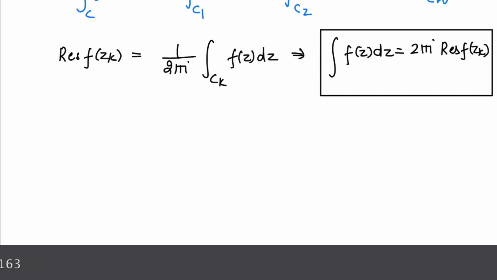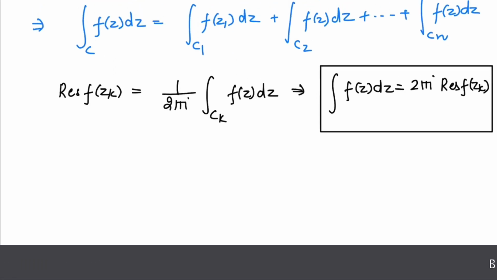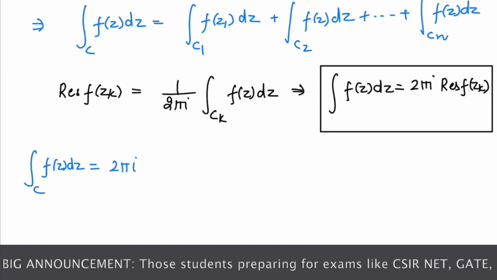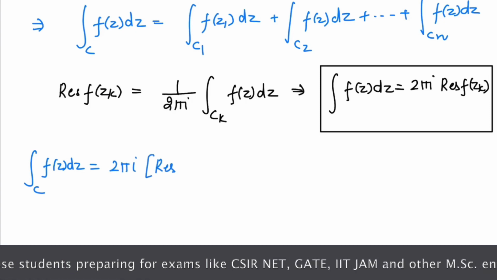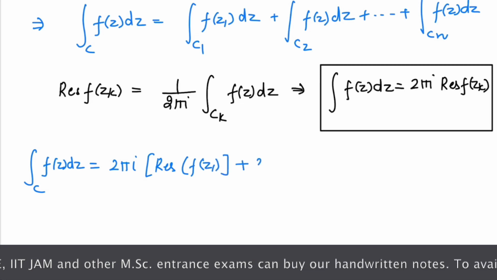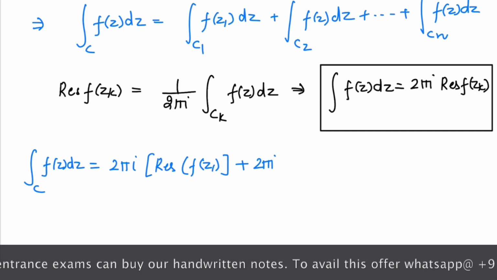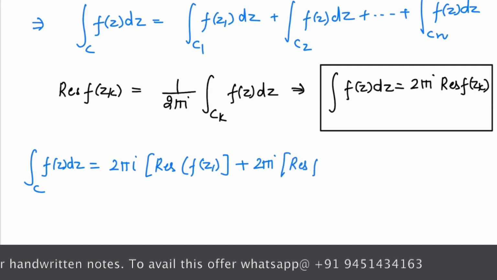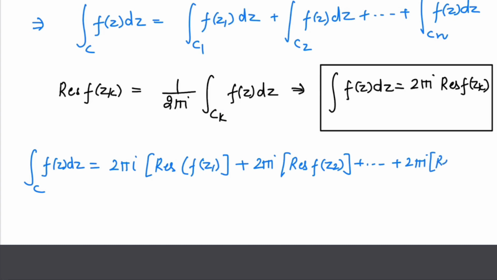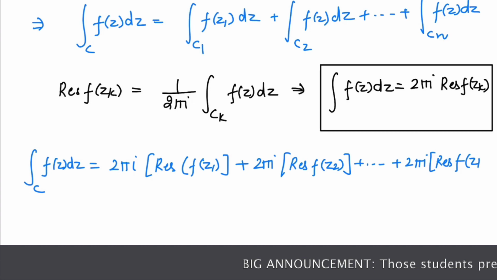So we have the integration of function f of z dz equals 2 pi i residue of function f of z at point z1 plus 2 pi i residue at point z2 and so on, 2 pi i residue of function f of z at point zn.